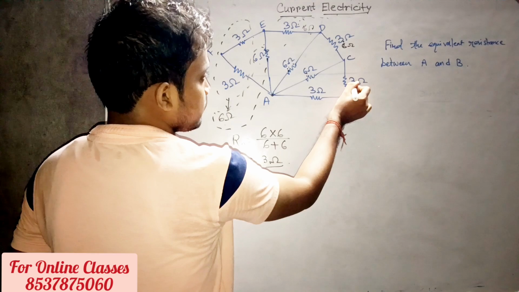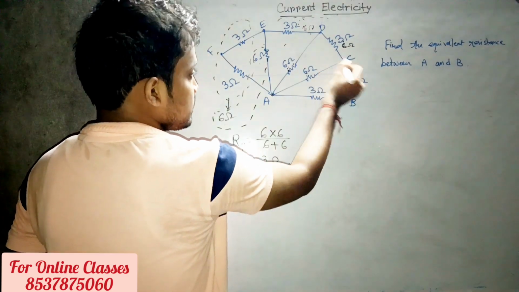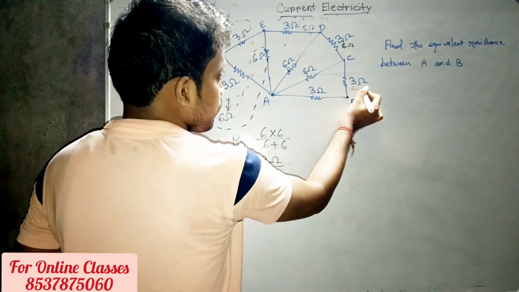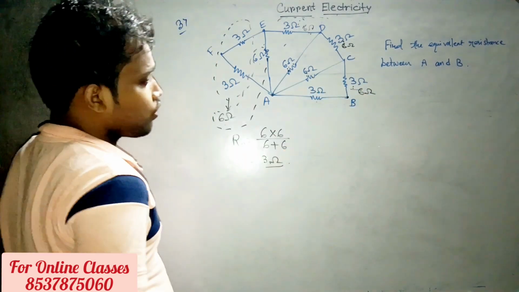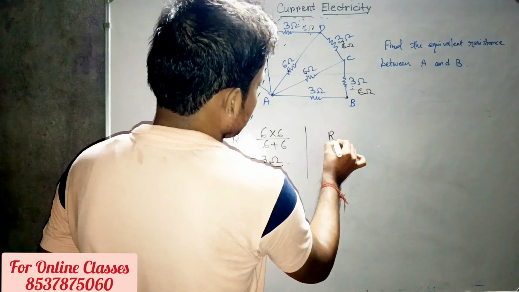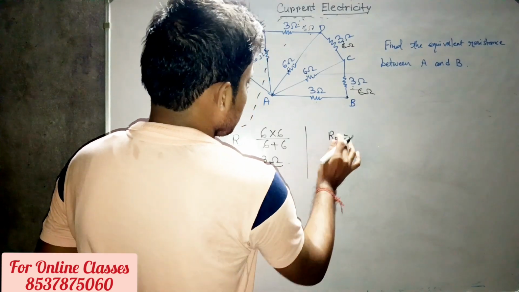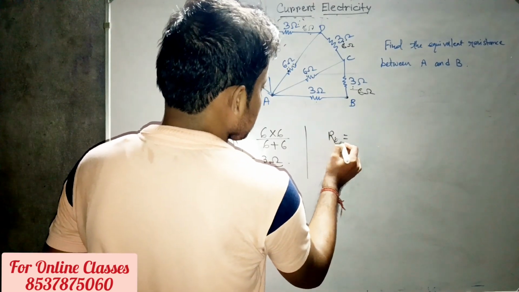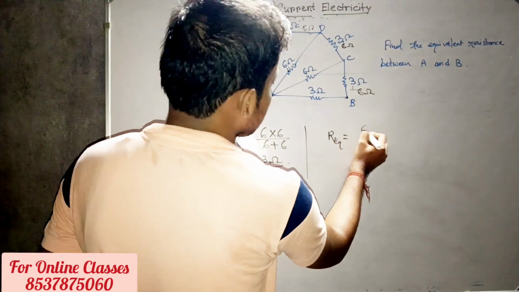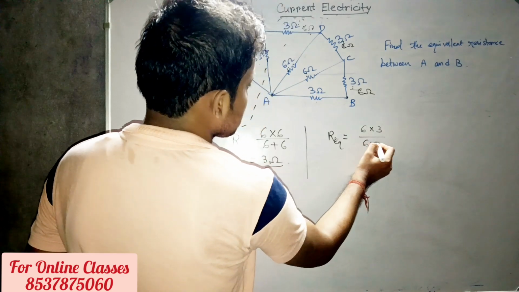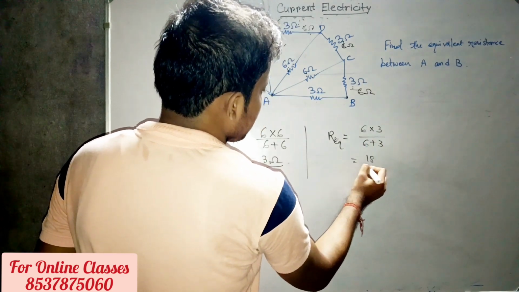This 3 ohm and 3 ohm in series give 6 ohm. Finally, this 6 ohm and 3 ohm are in parallel connection, so the result will be 18 divided by 9.